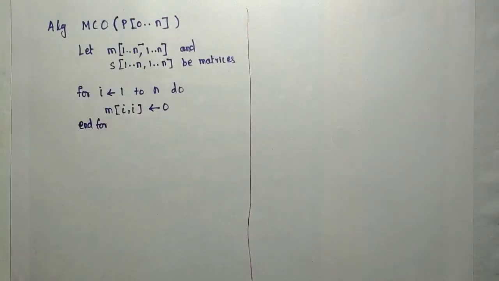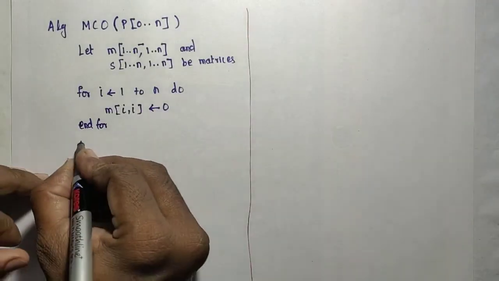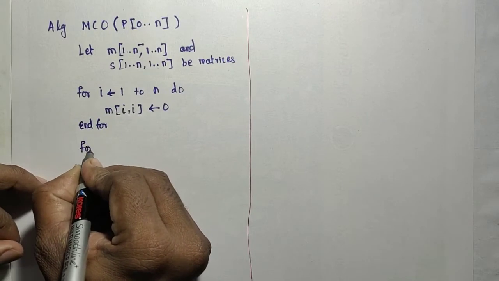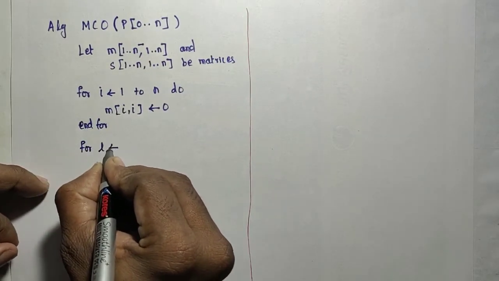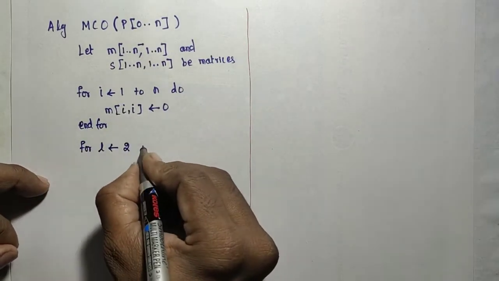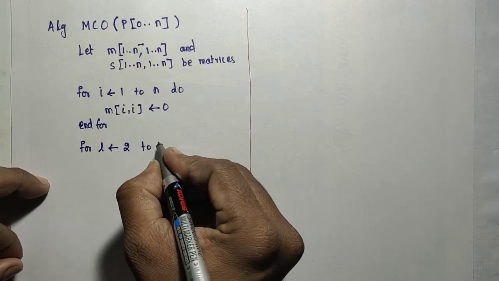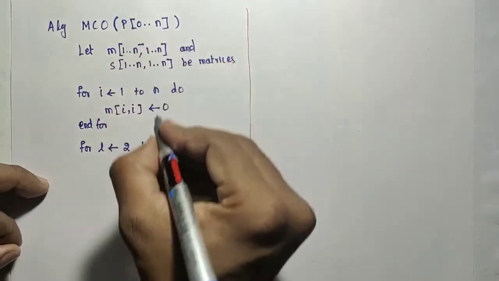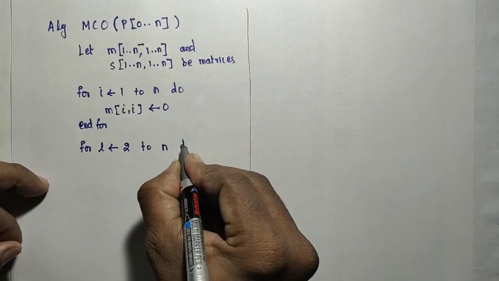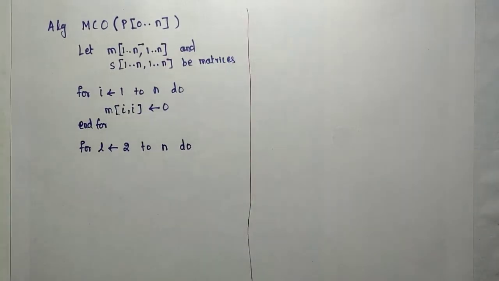So now we start with a for loop, for L equal to 2, that is length equal to 2, up to length equal to 4, which means n, and do the following: length equal to 2 to n, do the following.